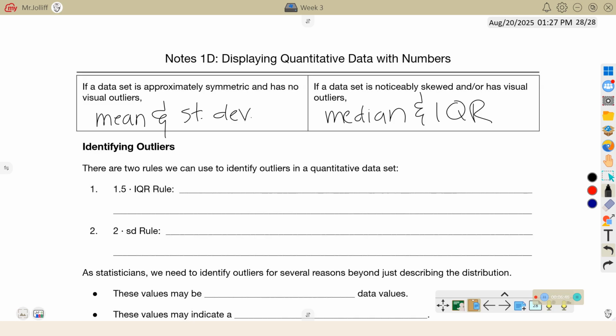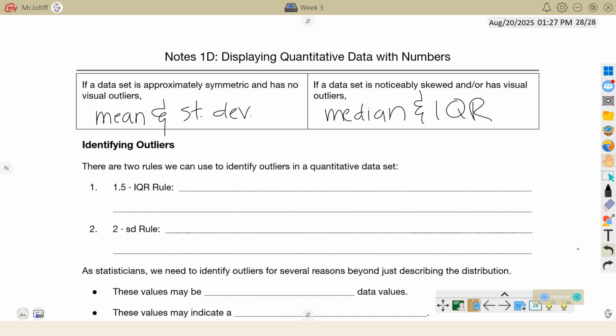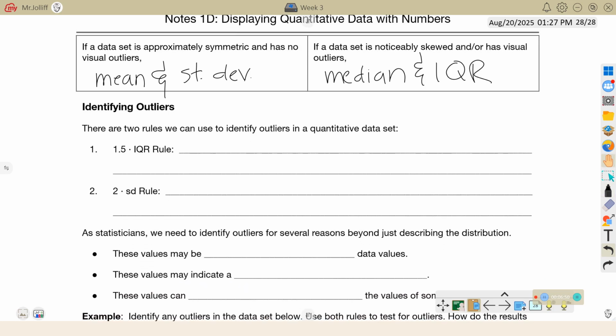Okay, so for identifying outliers, we have two rules. Why do you think we need two rules? Good. I have two different chunks. I'm dealing with symmetric distributions differently than I'm dealing with skewed distributions. I want that to apply to my tests for outliers too.